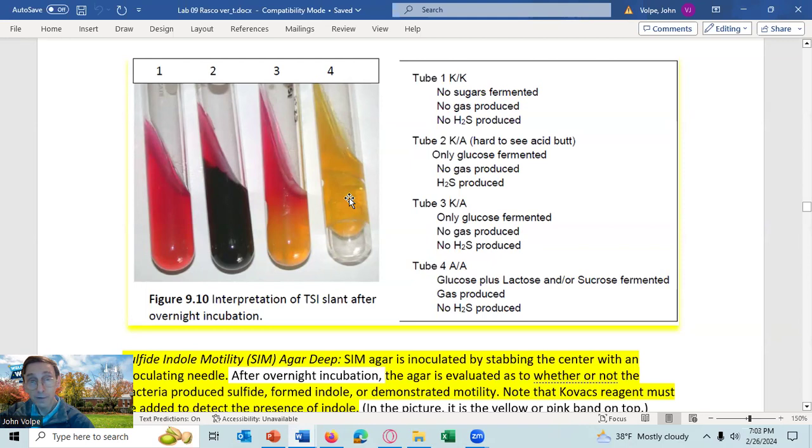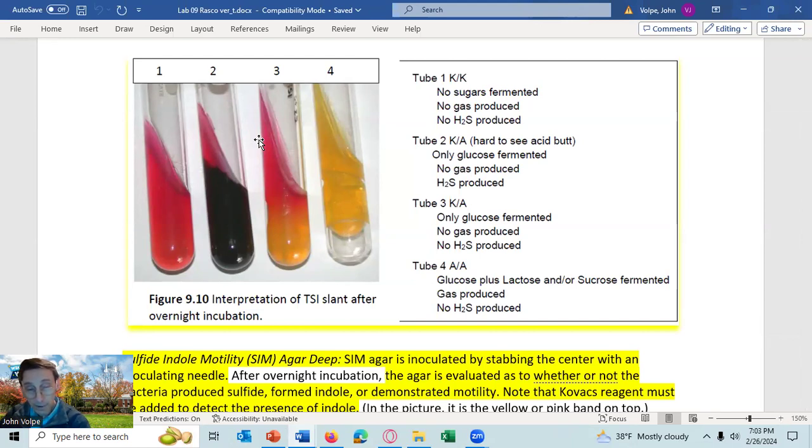And that's because if only glucose is fermented, glucose will be used up in the slant because the bacteria grow very rapidly, aerobically, and the glucose will be used up. So the color changes from yellow to red because once the glucose is used up, the proteins will be metabolized.